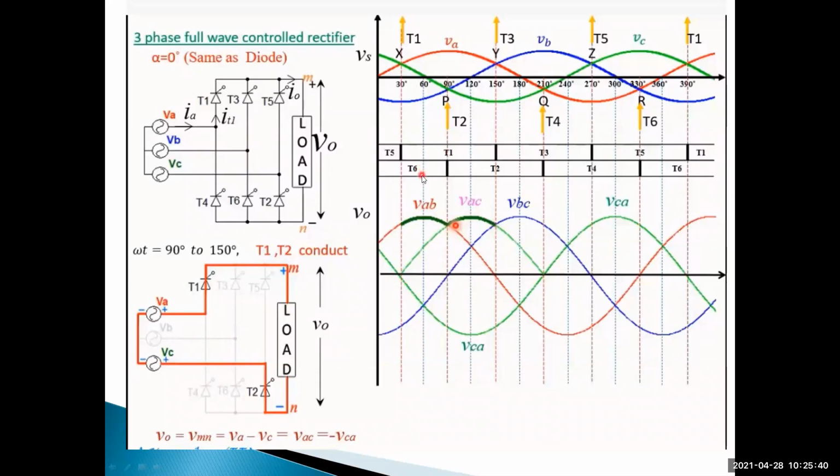So for the T1, T6 combination, 60 degrees, and for the T1, T2 combination, 60 degrees. Total 120 degrees.